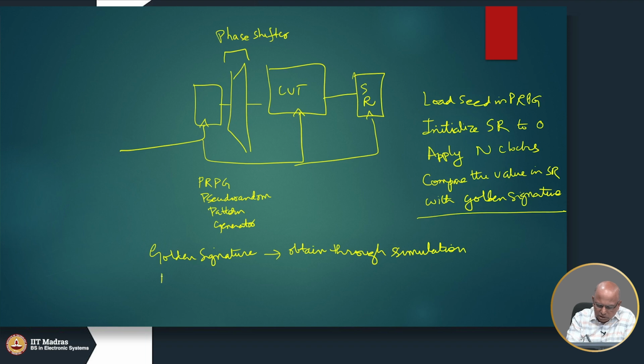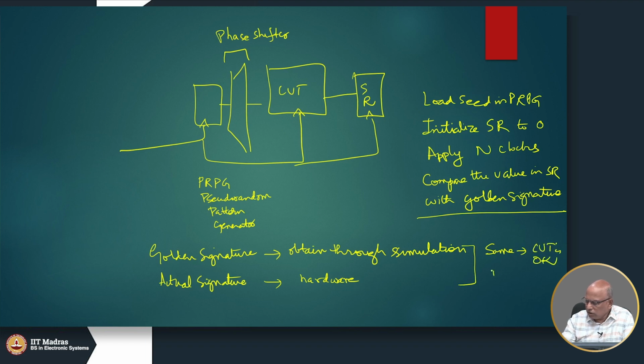Whereas the actual signature, in the presence of maybe some faults, is what the hardware will provide. If they are the same, then we have a reason to believe that the circuit is good. Same means the circuit is okay, we could not detect any fault. Different means the CUT is faulty.